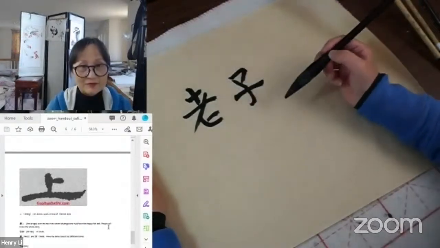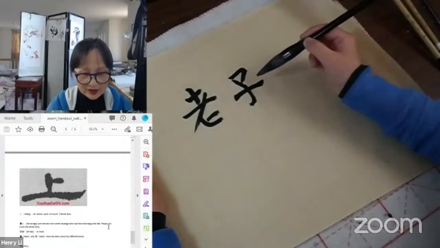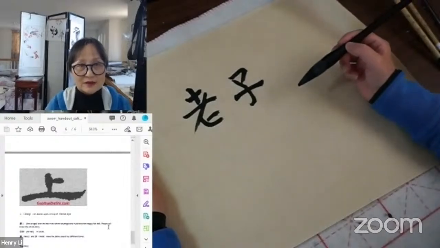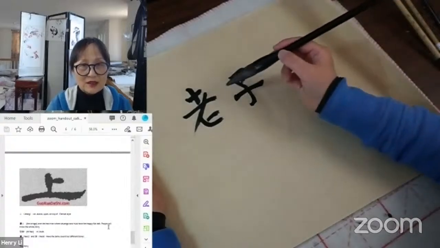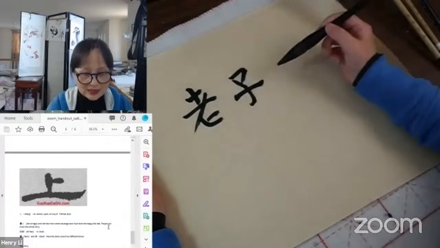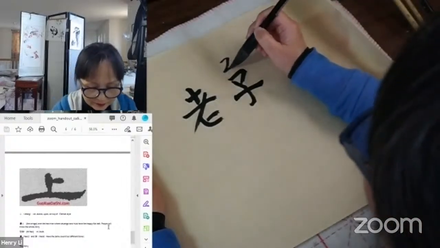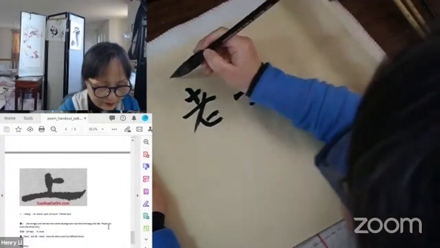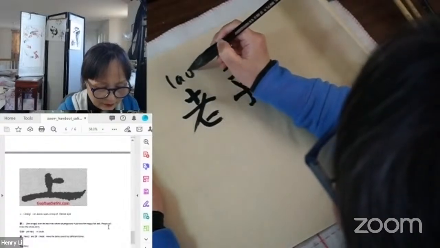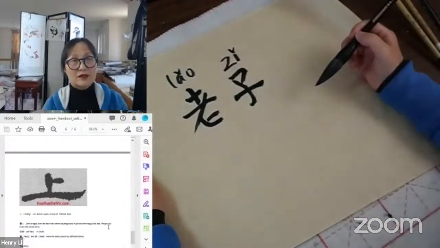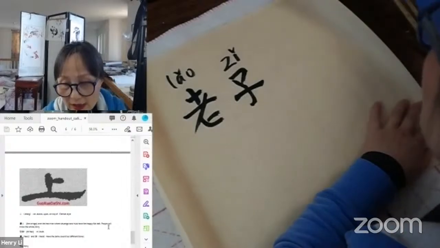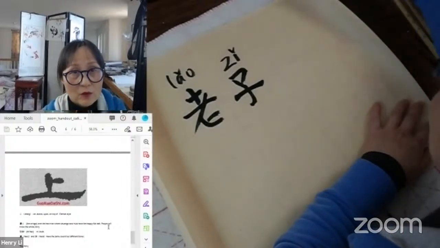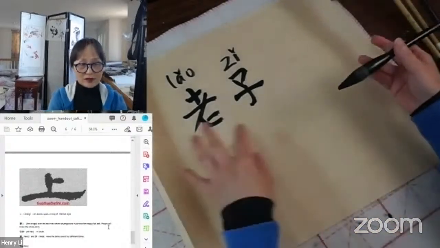After the last name, put this as a kind of suffix. So this is Lao Zi. Lao Tzu. And guess what else we have?